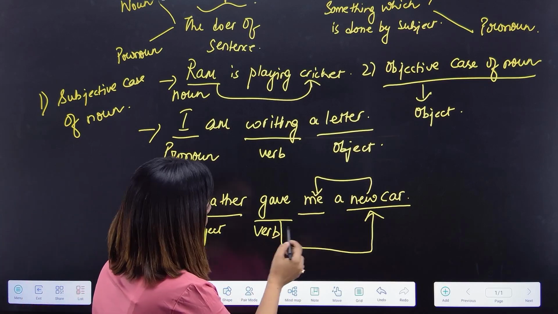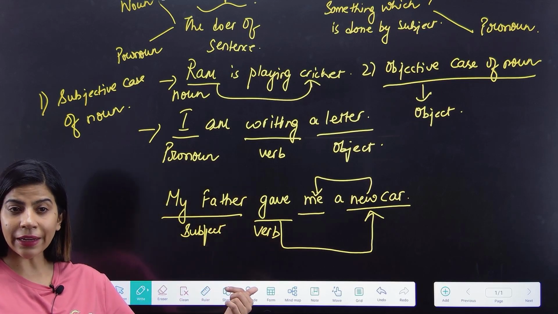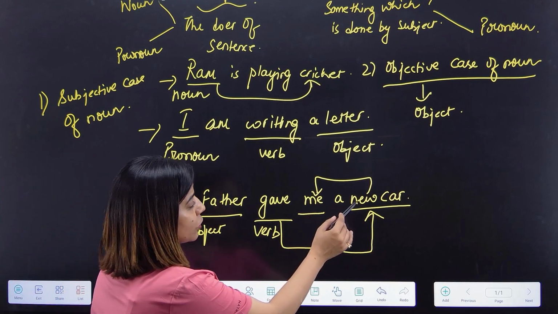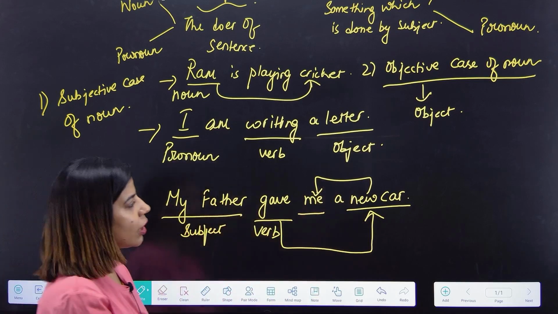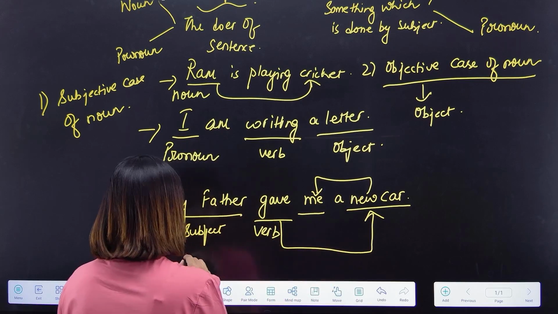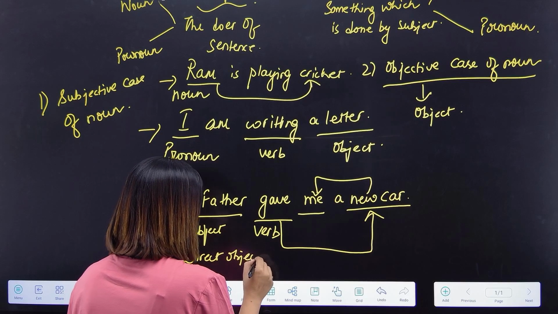So the object which is directly related to the verb is called direct object, and the object which is related to the direct object is indirect object. So let's write the definition. Direct object क्या होता है? What is a direct object?